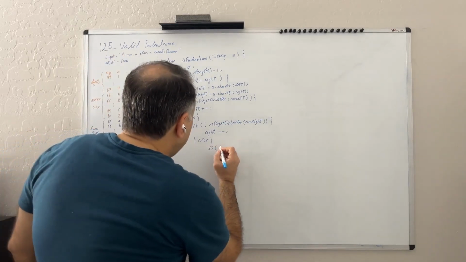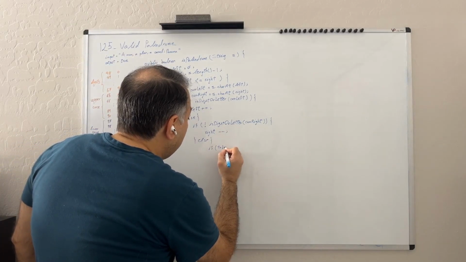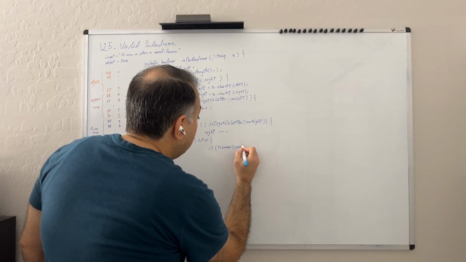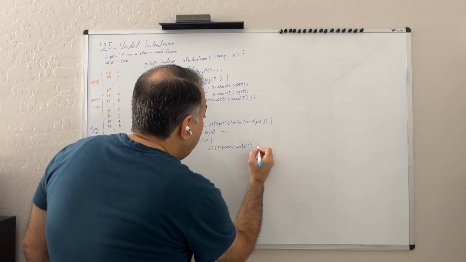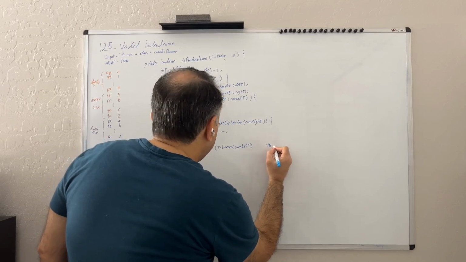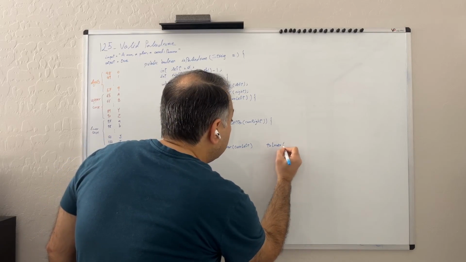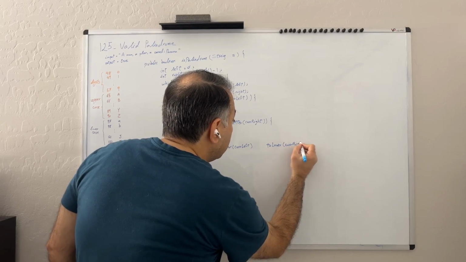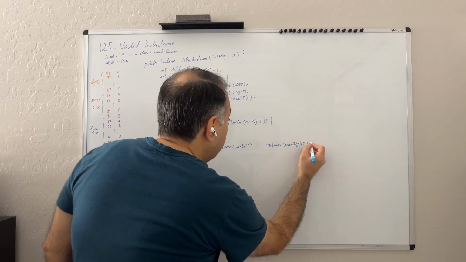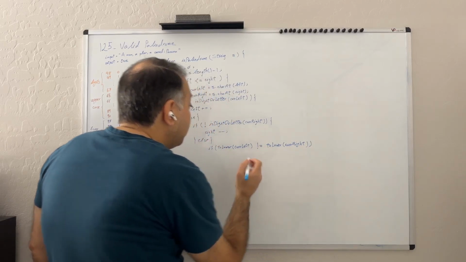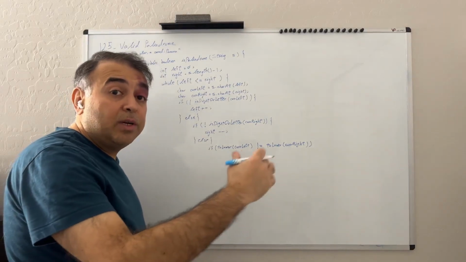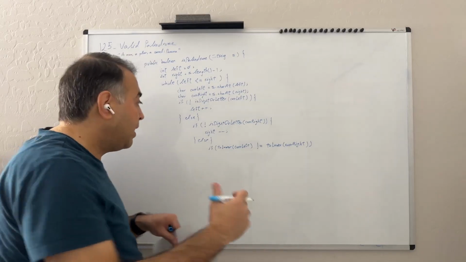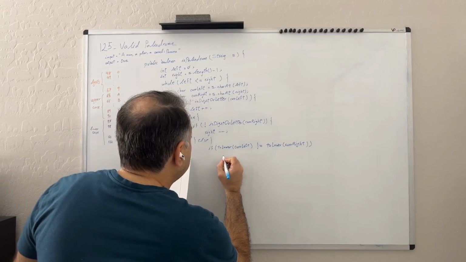So I assume that we have a toLower method that gets the left character and compares it with the lowercase of the right character. If the lowercase of the right character is not equal to the lowercase of the left character, I can assume that this string is not a palindrome, so I can return false.